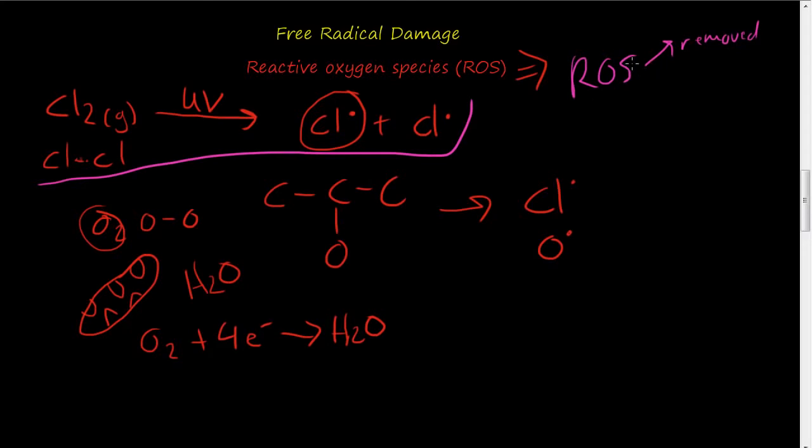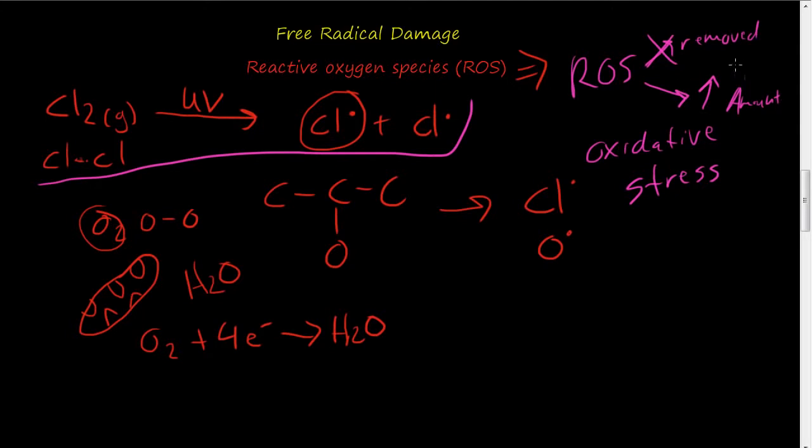There's two ways that these can cause damage. If they're not removed, they can cause what's called oxidative stress. Or another way is if they're in excess or an increased amount. There's a reperfusion injury that we're going to talk about later, and that will explain more about this concept.